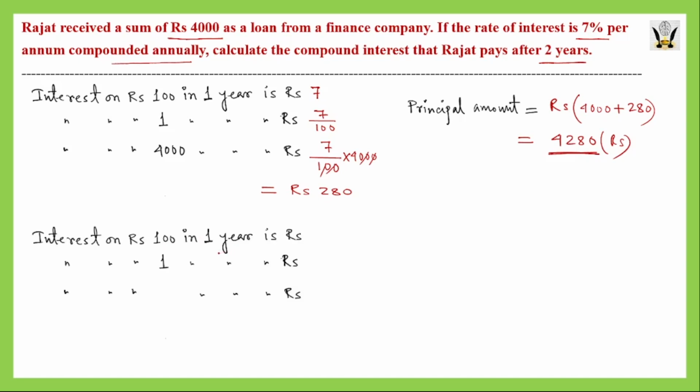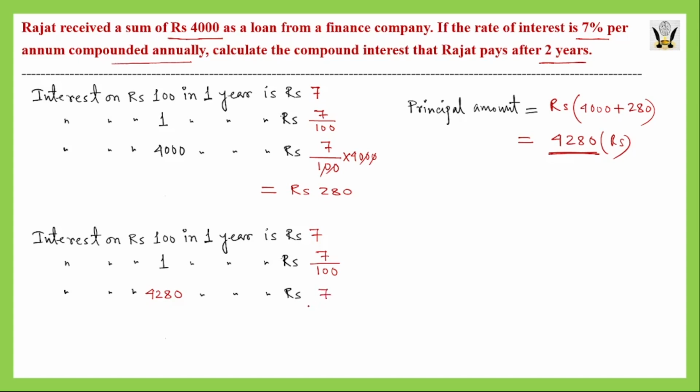Again, the rate of interest is the same. So on rupees 100 in 1 year, the interest amount is rupees 7. Then definitely for rupees 1, the interest amount will be 7 divided by 100. And now this is the principal amount, rupees 4,280. So now we have to find how much will be the interest on this amount.